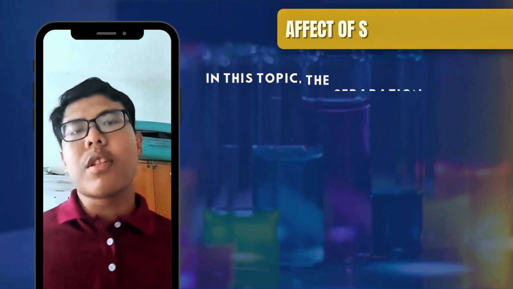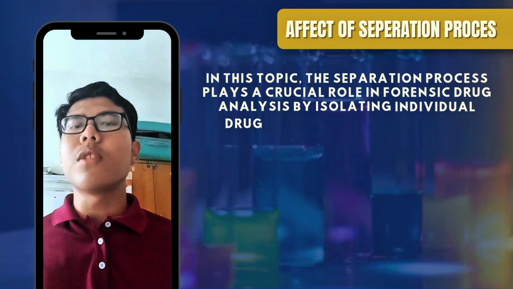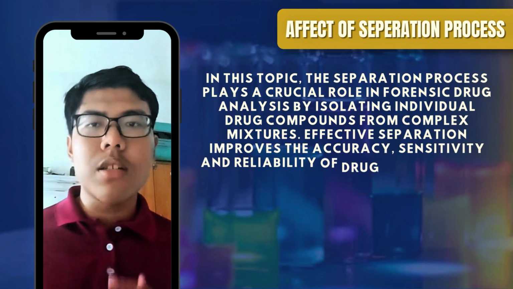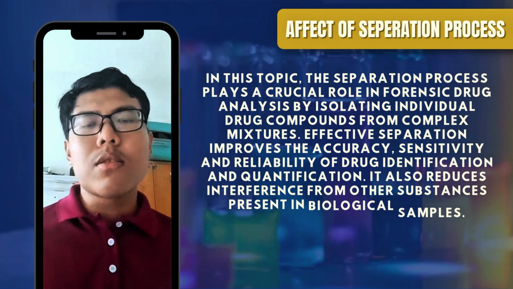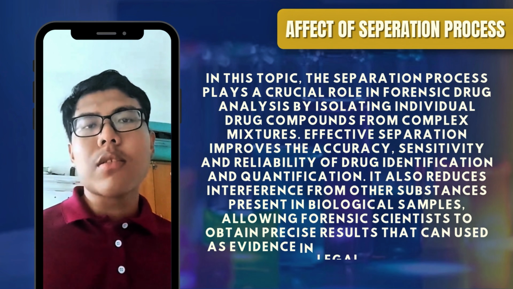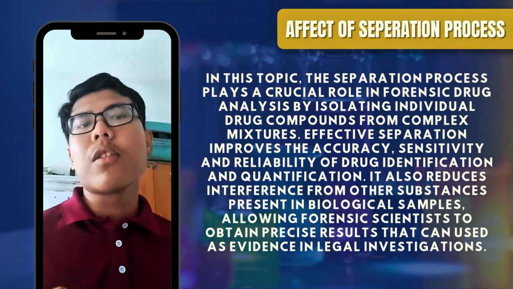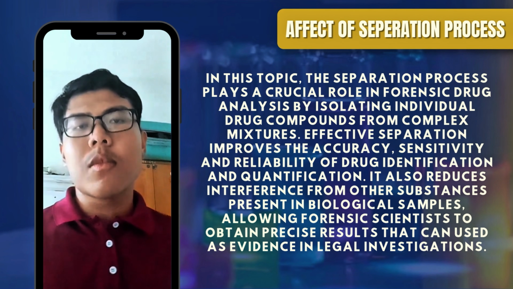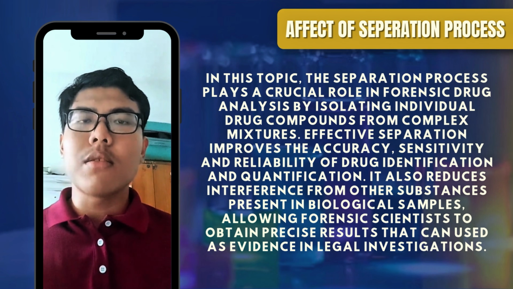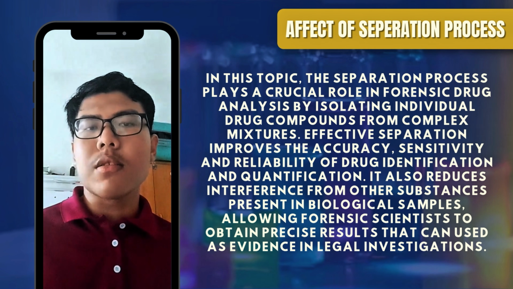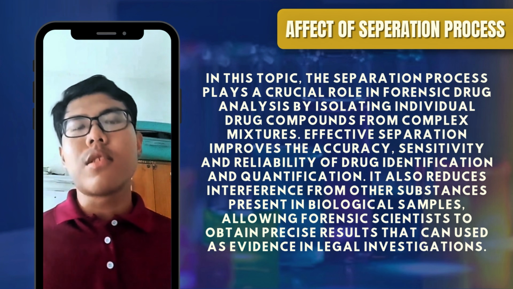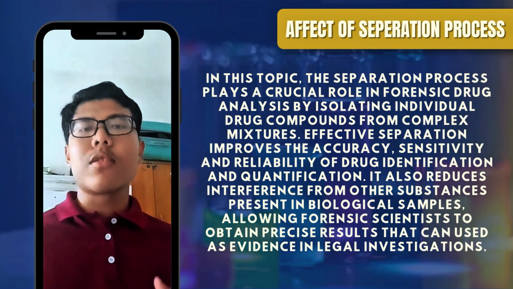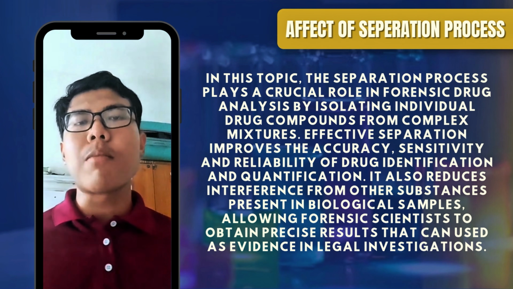The separation process can help to remove the unwanted substances in our sample. So, by that, the test result will be more accurate and reliable. In this case, forensic scientists can detect the drug and produce stronger evidence.